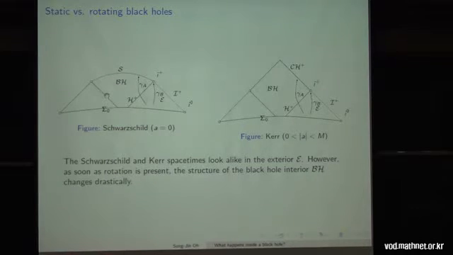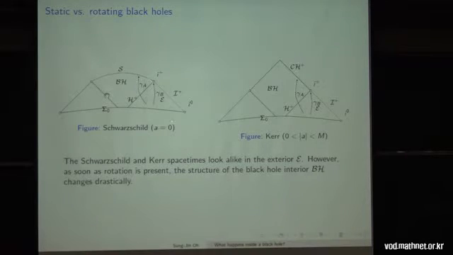However, what's remarkable is that if you look at these explicit solutions, the structure of the interior of the black hole changes significantly depending on whether A is 0 or non-zero. So what happens is this. Let me describe to you the fate of a very brave observer who enters the black hole.